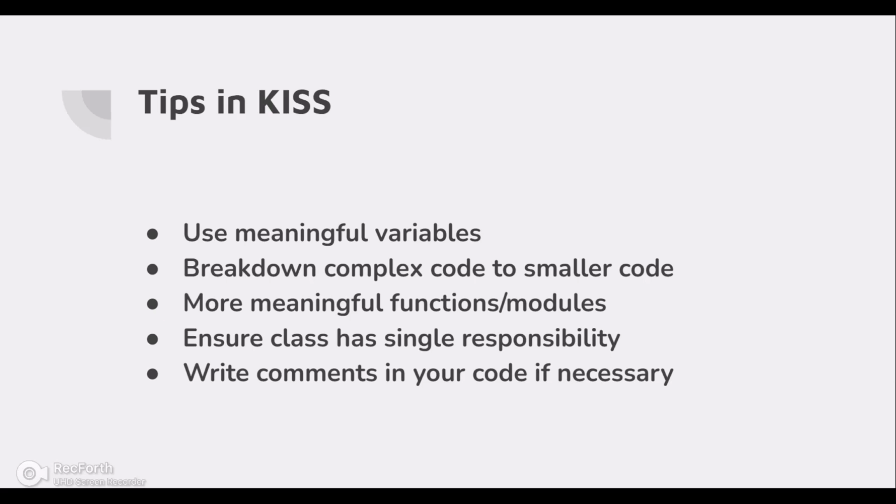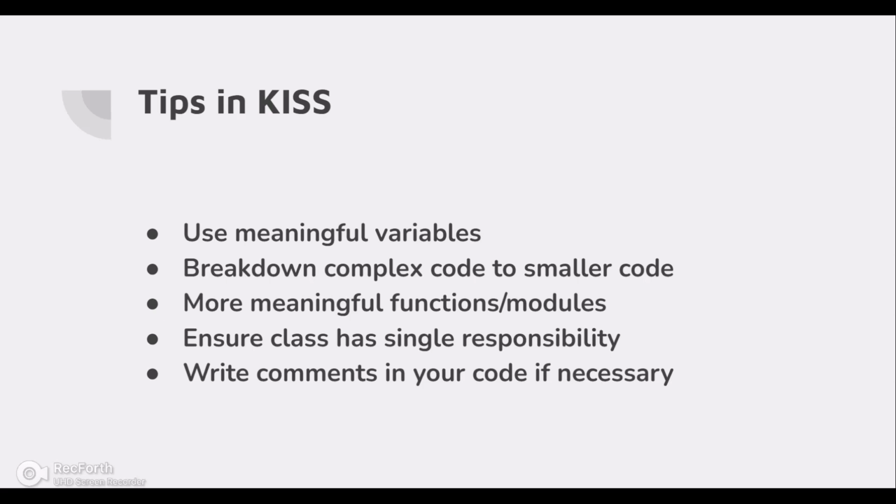Usually people say the number of lines should be less than 10, or if that is hard, between 10 to 15 may be fine. If it is increasing to more than 50, then it is an alert for us. We have to revisit our code and see if something is wrong, or we may have to split the function into 2 or 3 functions. So keep a range, maybe 10 to 15, and when it increases beyond that, revisit your code.